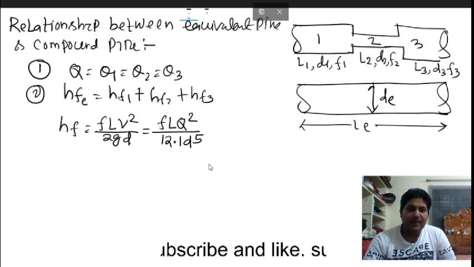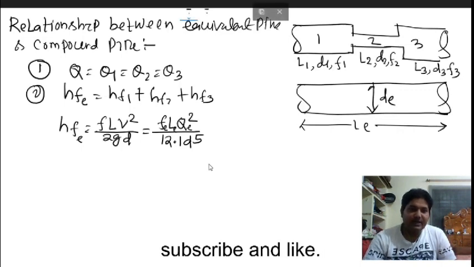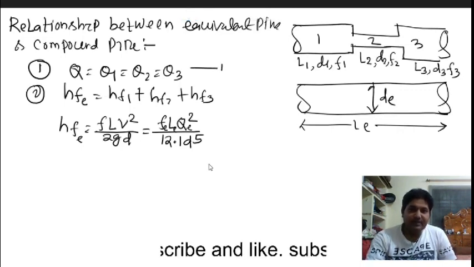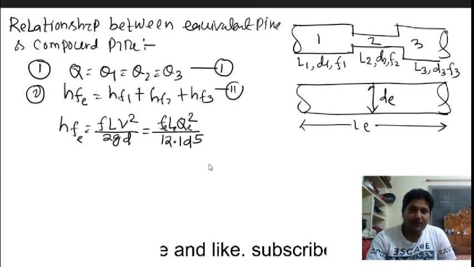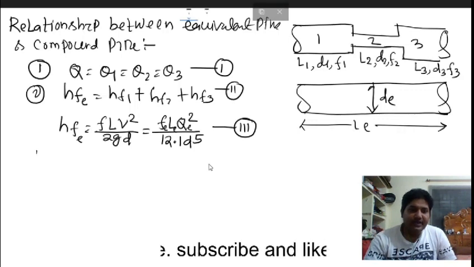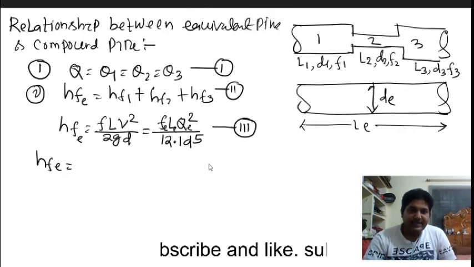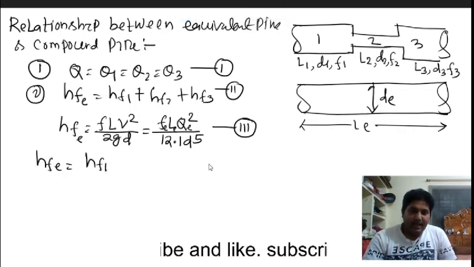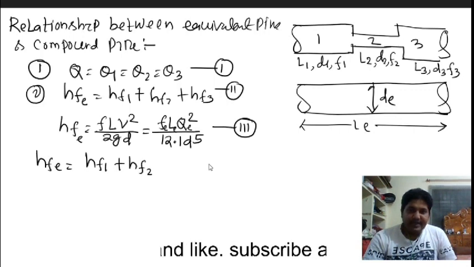Okay, so if you find out the HFE, then we can put FE and LE, and this is Q. Suppose this is my equation 1, this is equation 2, and suppose this is equation 3. So I can write down equation 2, HFE will be equal to HF1 plus head loss due to friction in second pipe, head loss due to friction in third pipe.